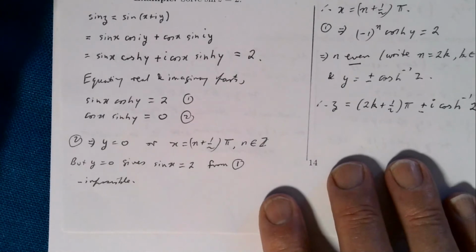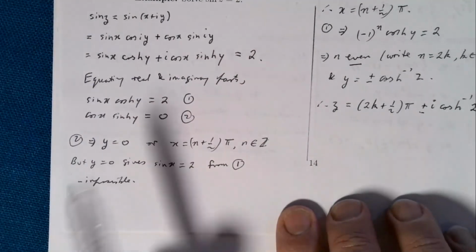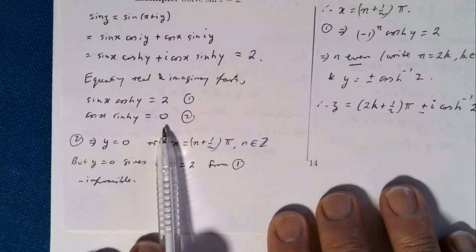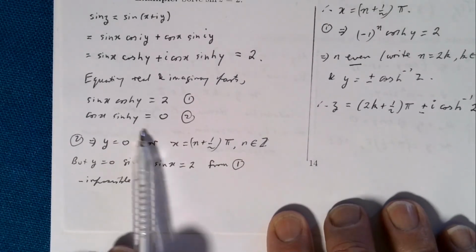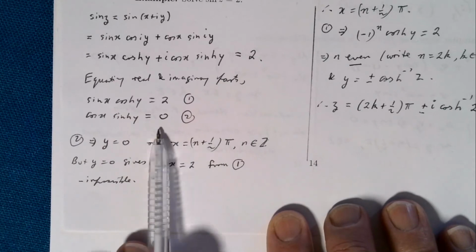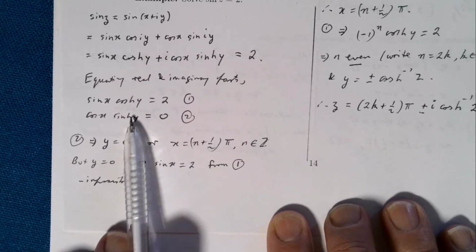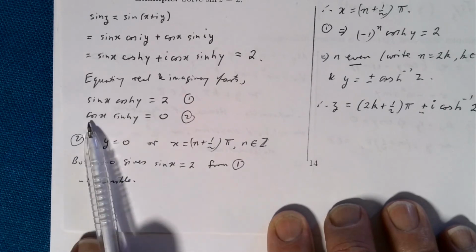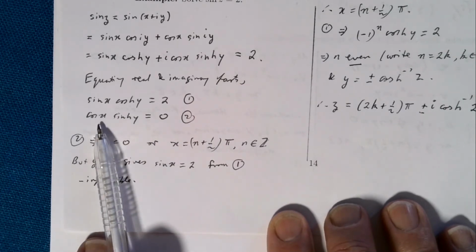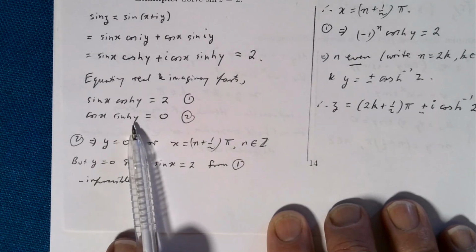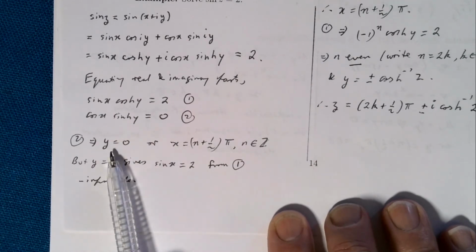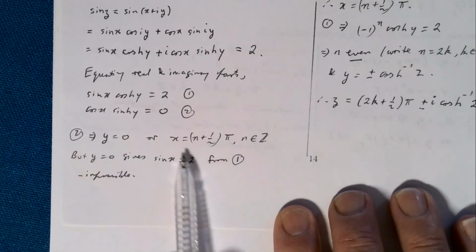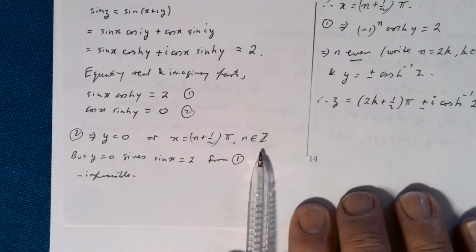Now, equation 2 grabs our interest immediately because I've got a product of two things being 0. There are two alternatives here. Either y is 0, or cos x is 0. The only way sinh y can be 0 is if y is 0, and cos x is only 0 when x is (n plus a half) pi for some integer n.